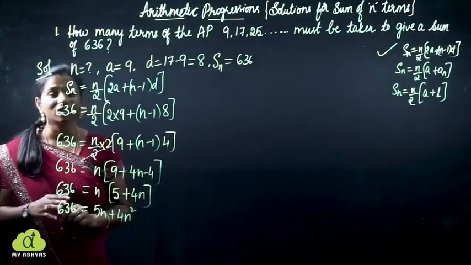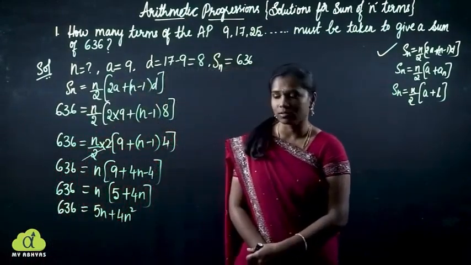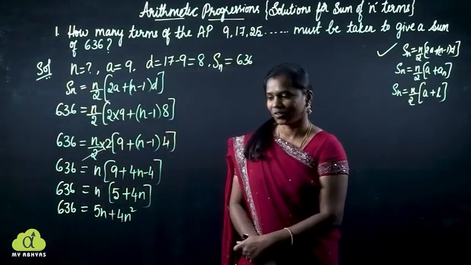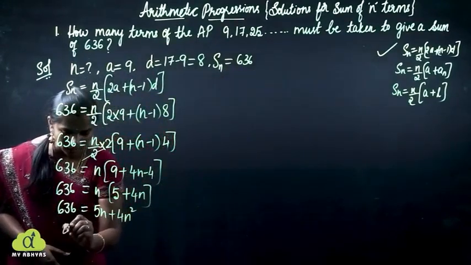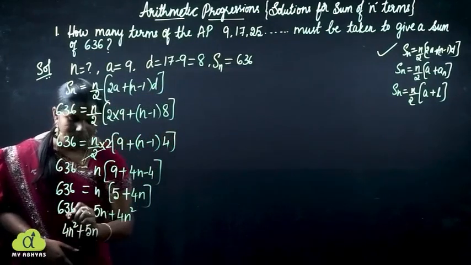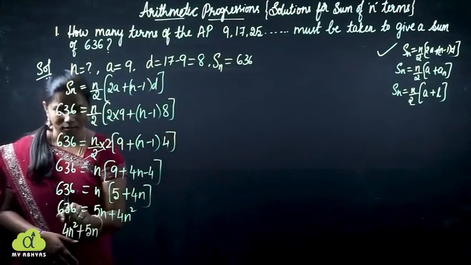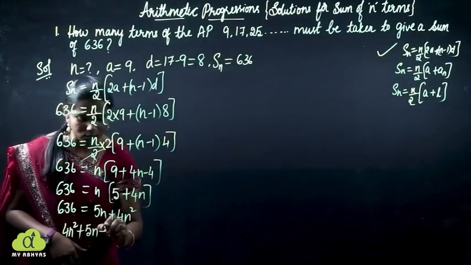Don't worry, we have already solved such types of equations, so we are going to do this also very happily. So let us continue. It is 4n square plus 5n.